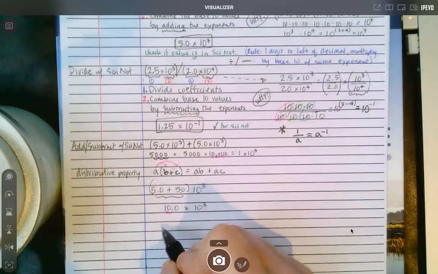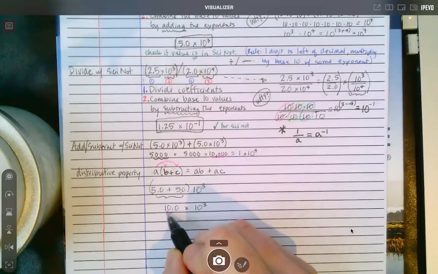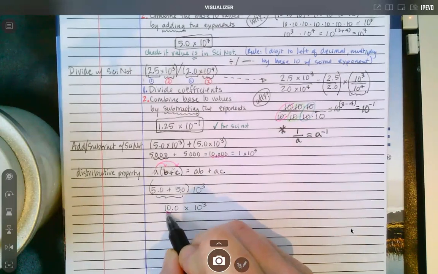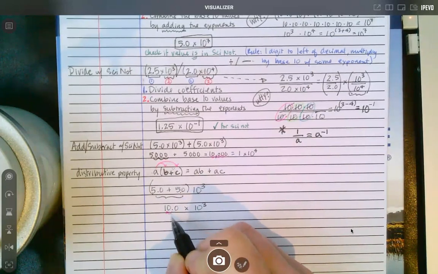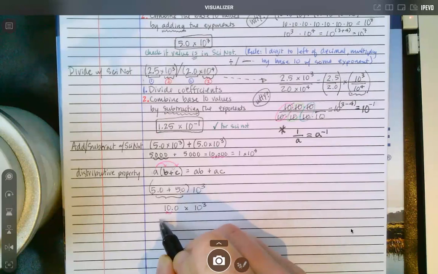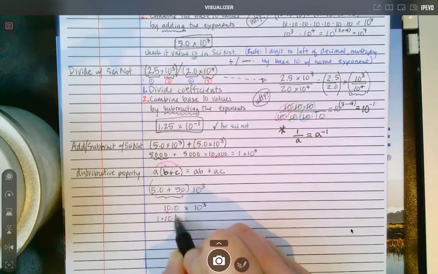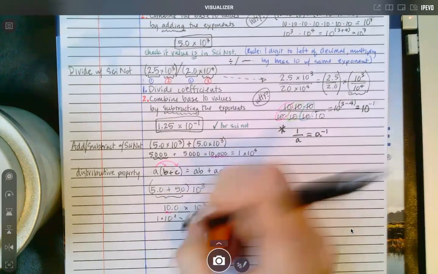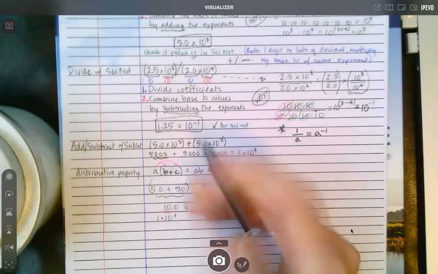I'm going to explain this a little bit differently. If I were to pull a 10 out, like divide it out, 1 times 10 to the 1, that would be equal here. And just like with my commutative property, let me use my symbols differently here.